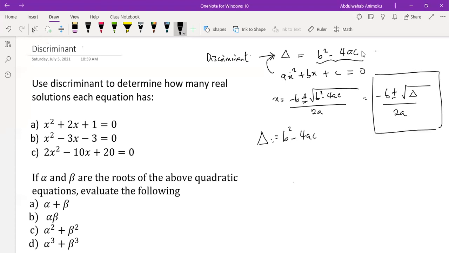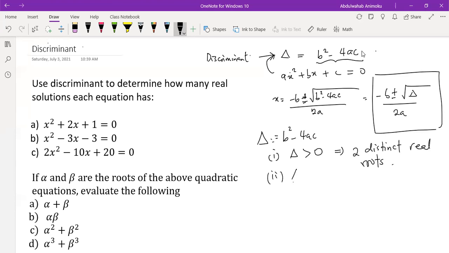And we're going to use this to determine the number of roots in a quadratic equation. Now, what are the conditions? The first condition is if I get the discriminant to be greater than 0, this implies I have two distinct real roots. So that means I will have two real roots and they'll be distinct.